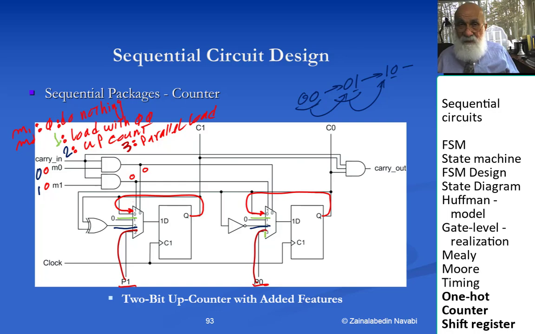Carry out of a counter means this. If my counter reaches its final count, let's talk about a 4-bit counter. Okay, 1, 2, 3, 4-bit counter. It has a carry in and it has a carry out. If my counter reaches 1, 1, 1, 1, and also if my carry in is 1, my carry out becomes 1.